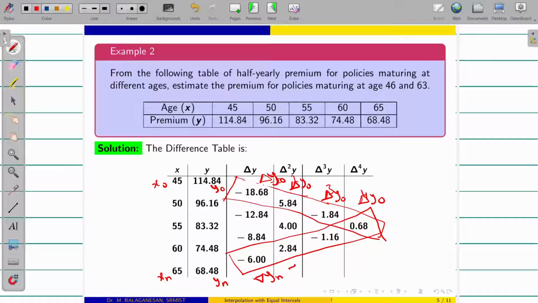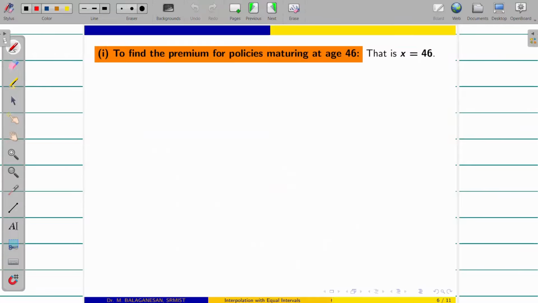Next, del square yn. And then del cube yn. Similarly, del power 4 yn. That's it, guys. Simply we have to find the value of u and v here. For forward, u value we have to find, backward, v value we have to find. Apart from everything, we can take from the table what we found in the difference table, right?